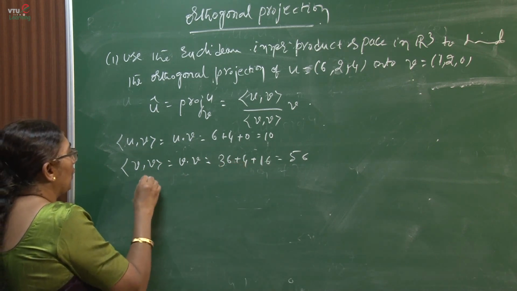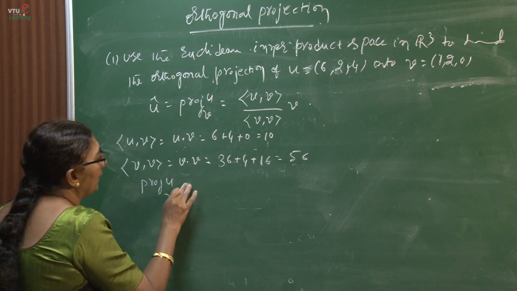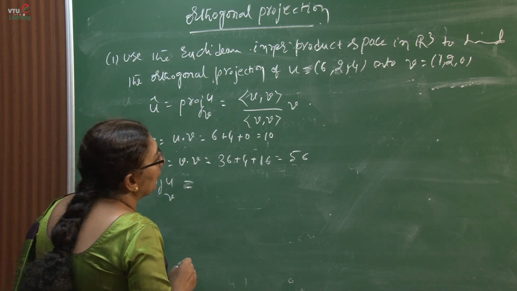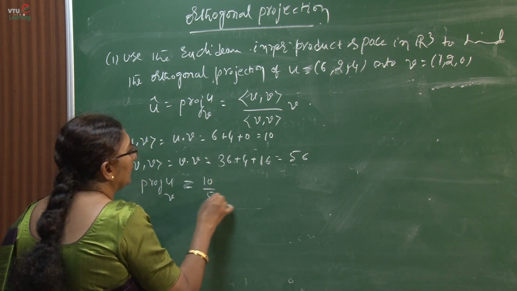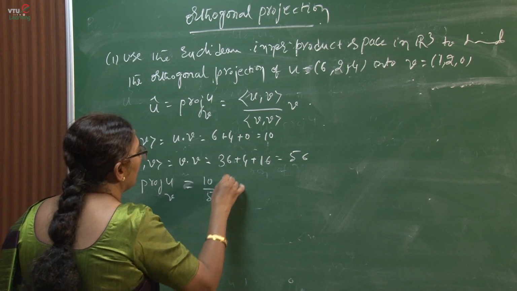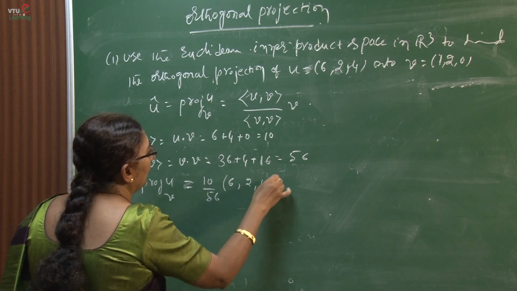Now, proj of u with respect to v is the inner product of u comma v, which is 10, divided by 56, into v. What is v? v is 6 comma 2 comma 4.